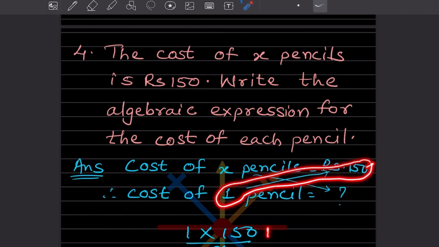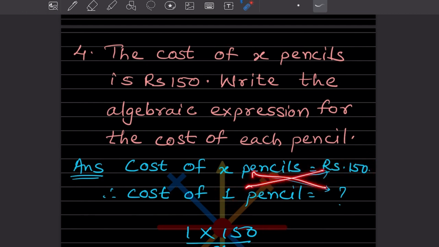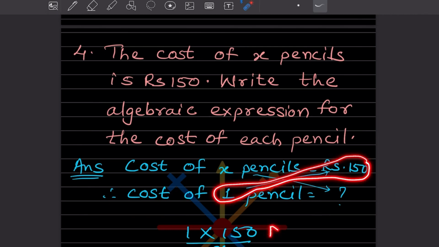So this is to be taken in the numerator. Even when you don't know, after cross multiplication, the two numbers that are on the same side of the cross are taken in the numerator.